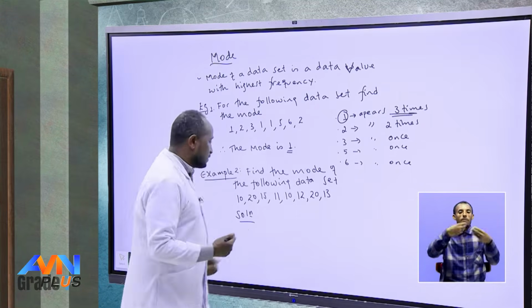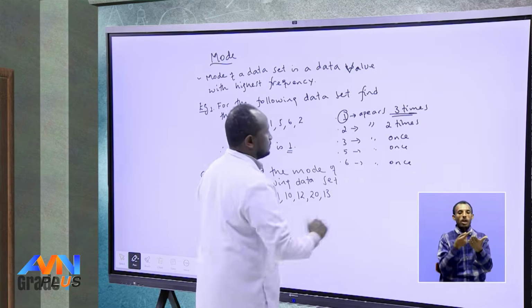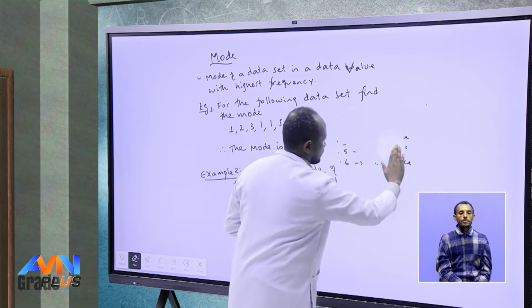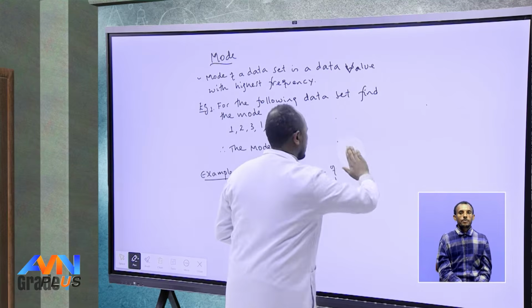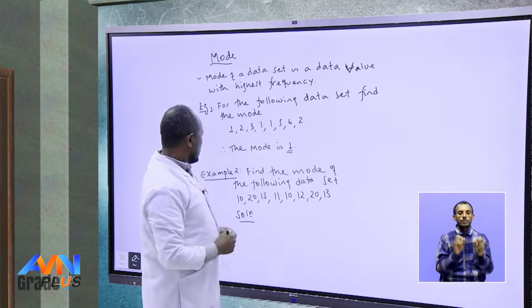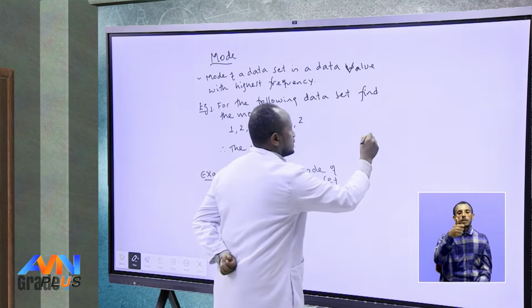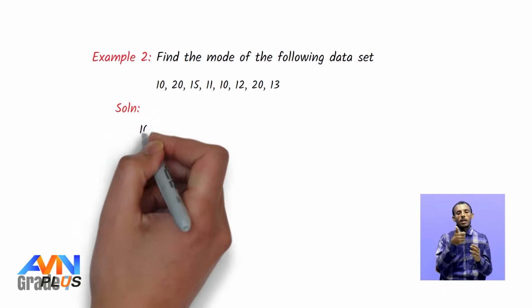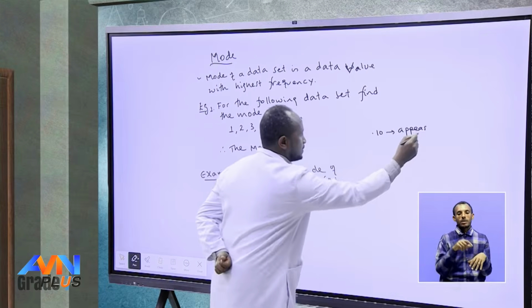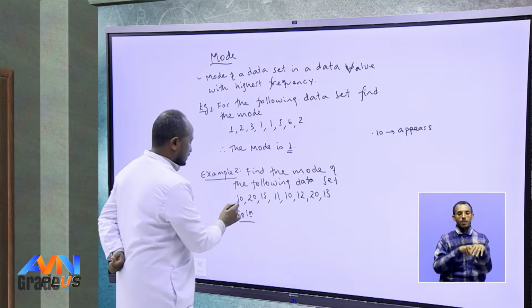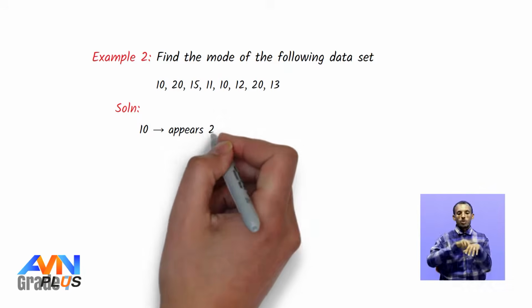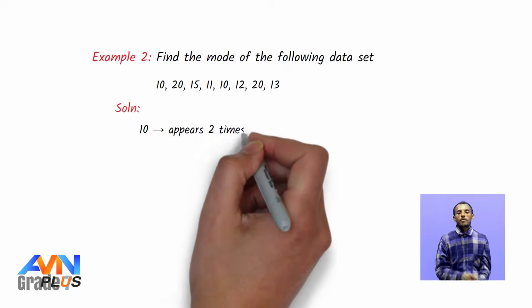Here, let's see 10. 10 appears how many times? Here we have 10, and again we have 10, 2 times. 10 appears 2 times. Its frequency is 2.